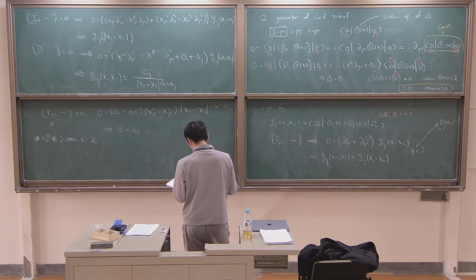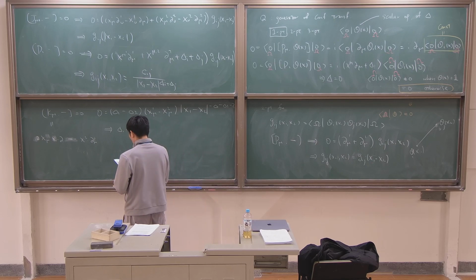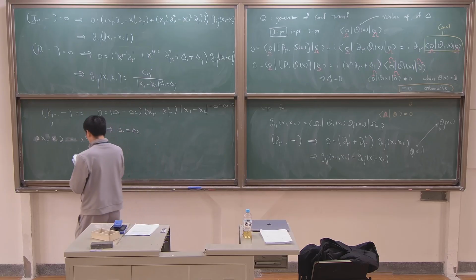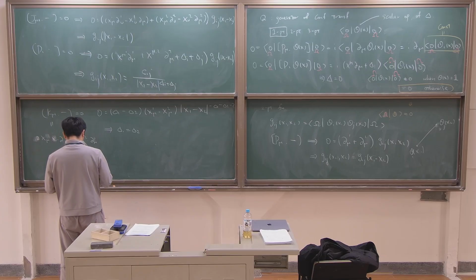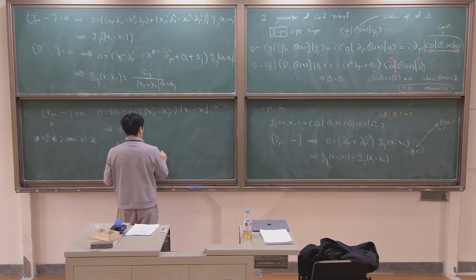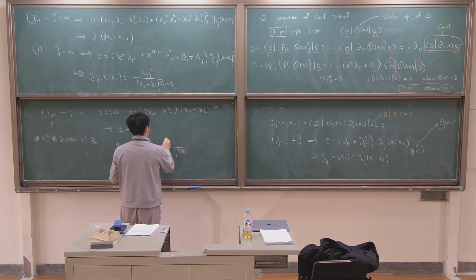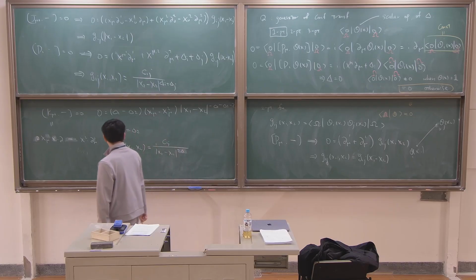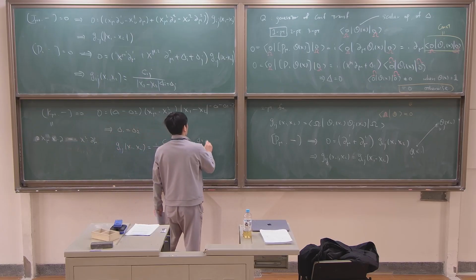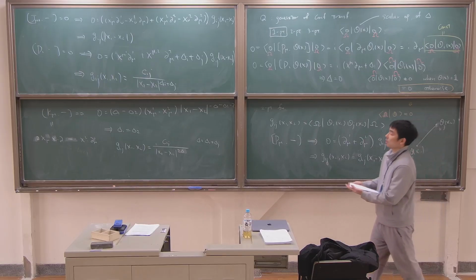Okay, so that's okay. Therefore, at the end of the day, G_ij(x1, x2) is equal to the constant times |x1 minus x2| to the power of minus 2 delta, where delta is equal to delta_i, which equals delta_j, from this calculation.